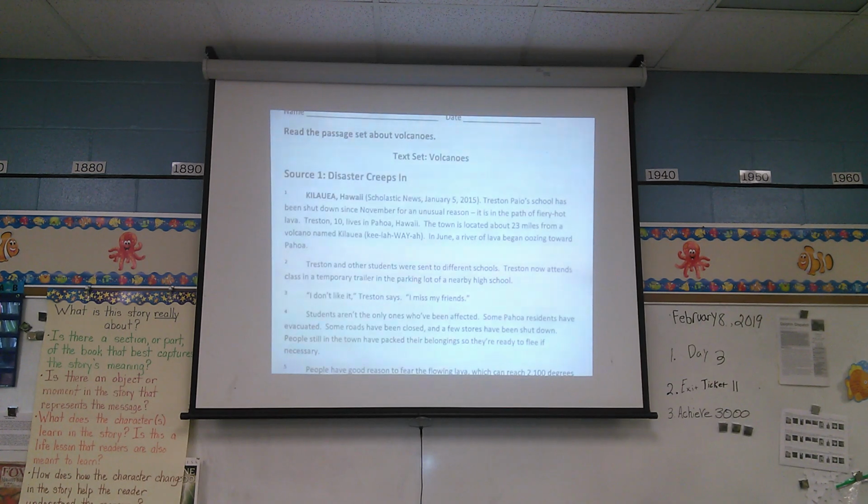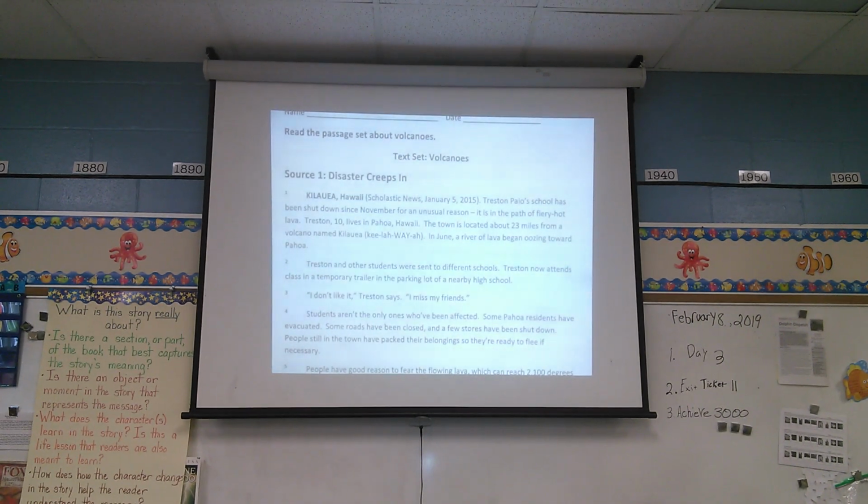Now, let's pull something from another thing that we're doing in Reader's Workshop. In Reader's Workshop, you are doing research on severe weather or natural disasters. And each of you is focusing on a subtopic of it, correct? All right, so think in terms of subtopics when you're reading this. Yes, you're going to read.